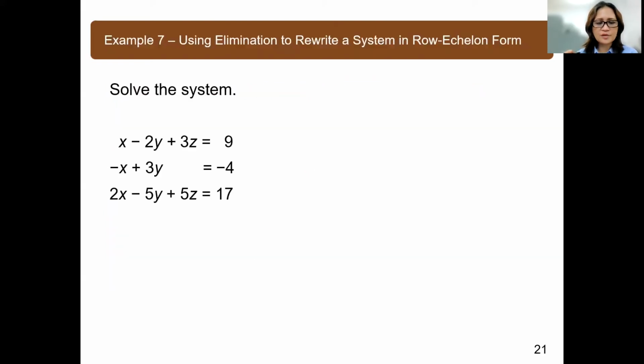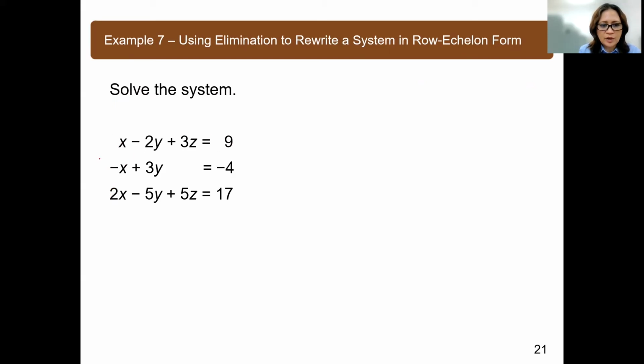Now, we can also solve the system of linear equations by rewriting the system in what is called row echelon form. What does a row echelon form look like?